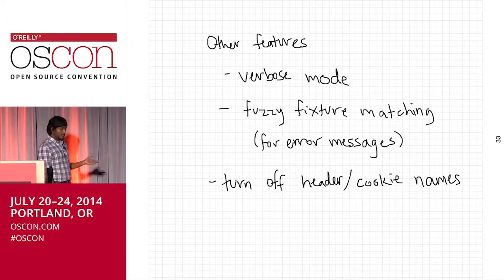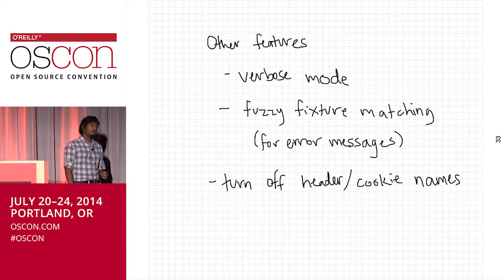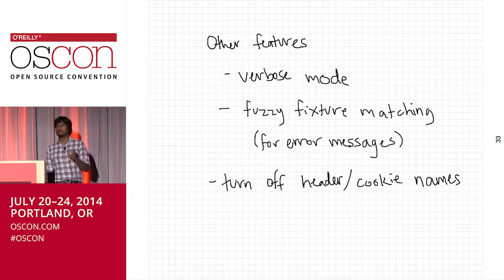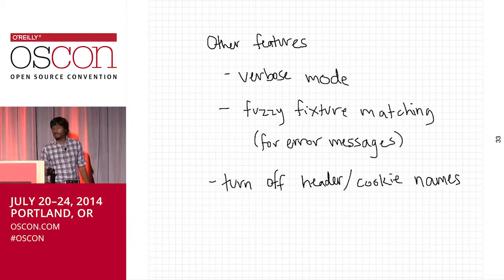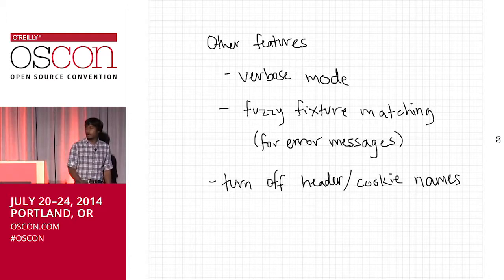So there are some other features. I won't go through all of it because it's on GitHub. The README covers all of the different features. But briefly, there is the verbose mode, so you can see what calls are being made and what fixtures they're resolving to. One feature that I really like, implemented by one of my colleagues, is for when a fixture is not found.